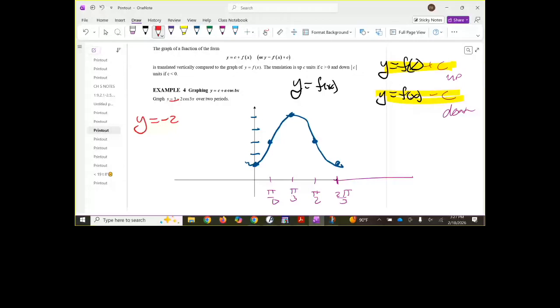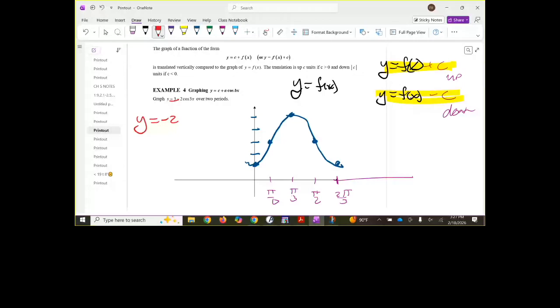The amplitude says, from this middle point, how far do you have to move up to hit the top part of your function? So y'all, if I'm right here at 3 and that's 5, how far do I have to move up? 2 spaces, right? So our amplitude is equal to 2.